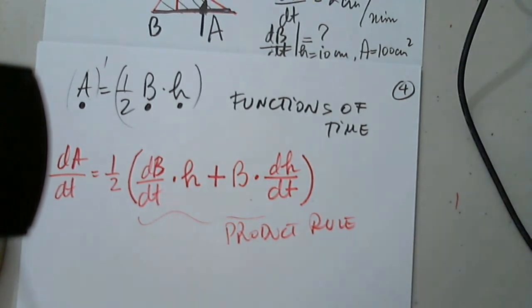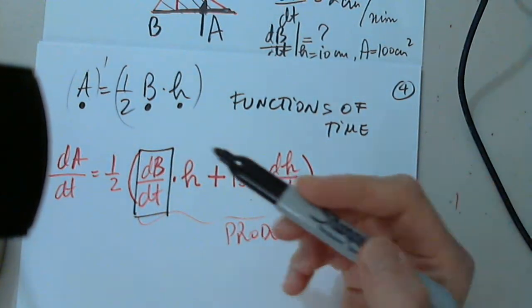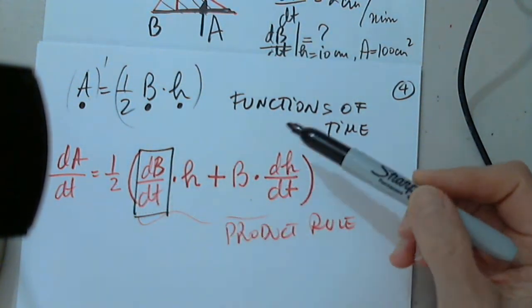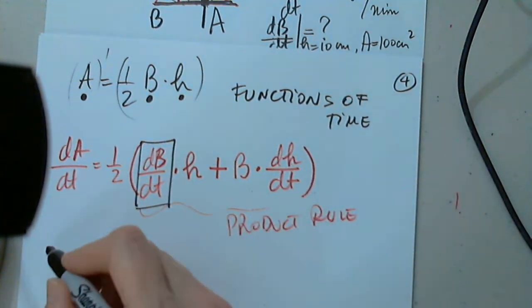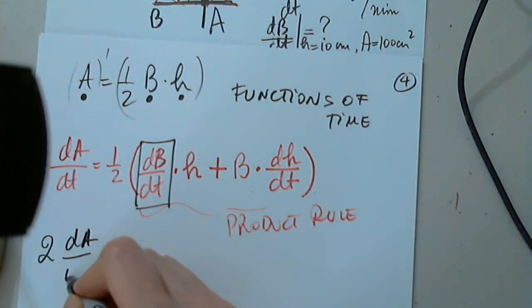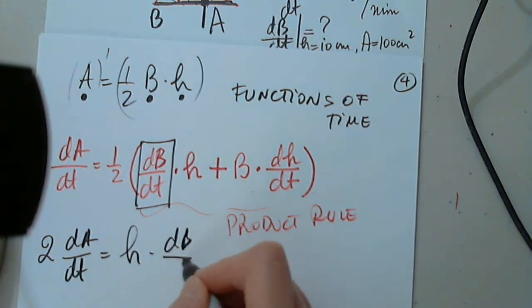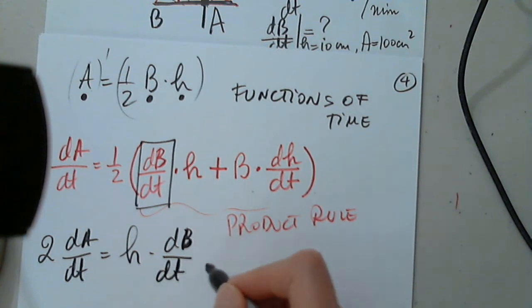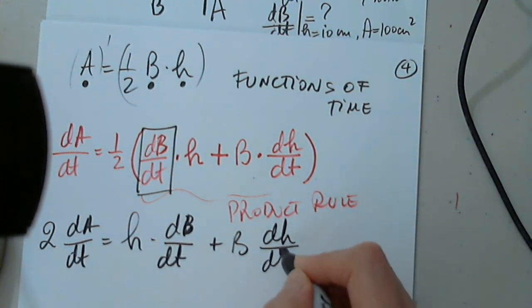Good. So I am after this. This is my only variable. I will multiply both sides by 2, and then I will move this term to the other side. So 2 dA over dt equals h dB over dt plus b dH over dt.